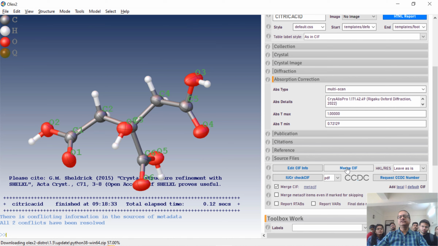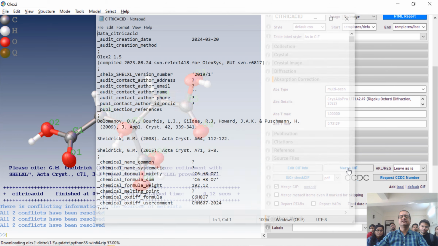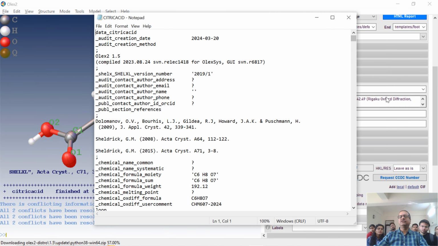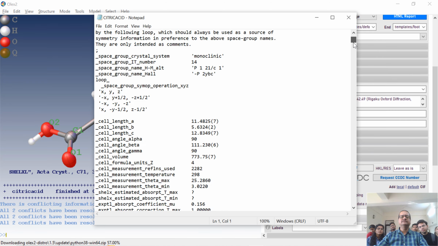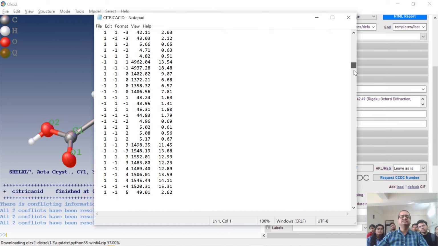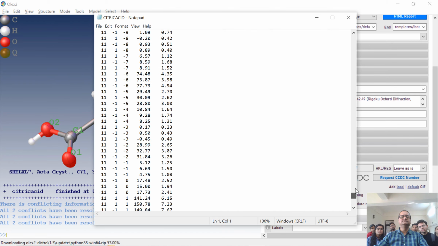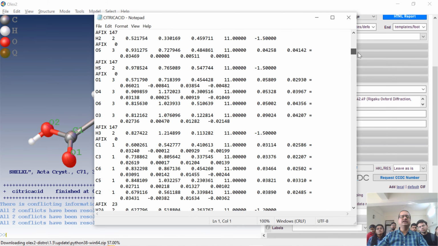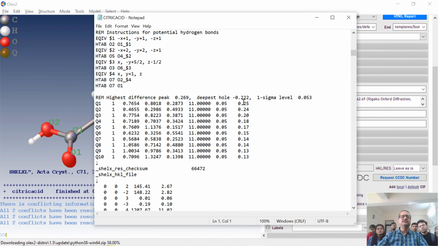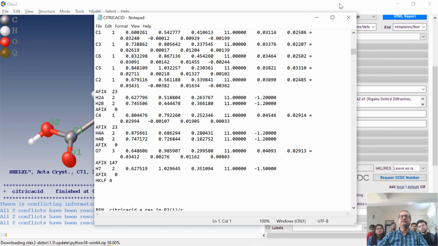And then you click on merge CIF, keeping it as leave as is. So it has merged all the information that we incorporated here along with the CIF file and generated this complete file along with the bond length, bond angle, torsion angle, the residual density, whatever it may be.